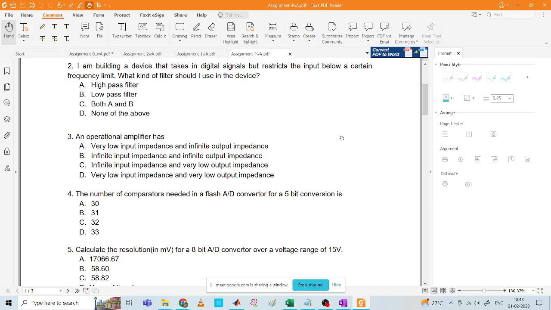I'm not able to hear you. So high frequency can be reduced, I mean eliminated. There are two things to it. When you say it restricts the input, are we making the input 0?